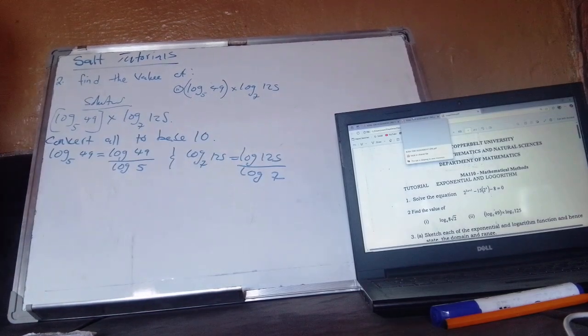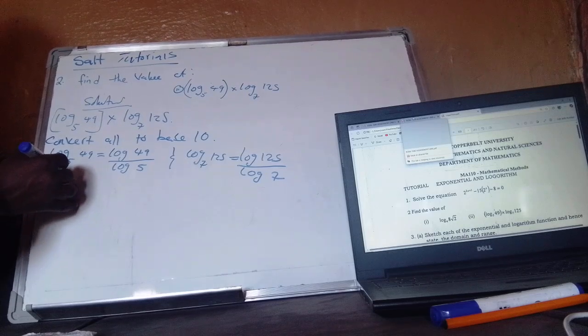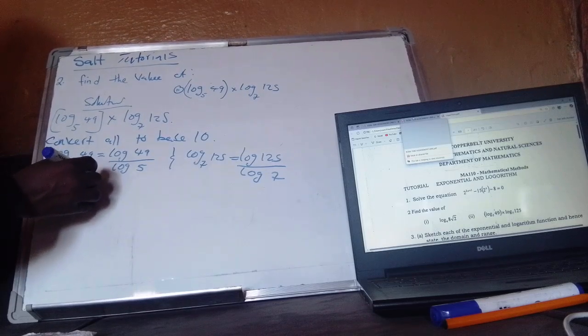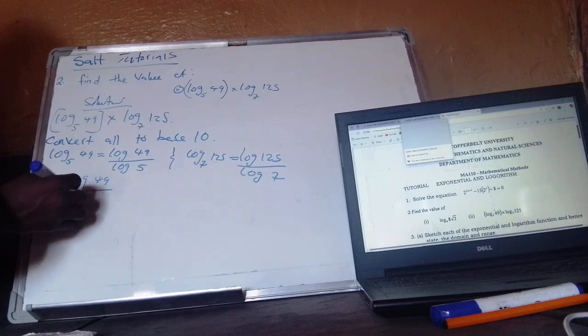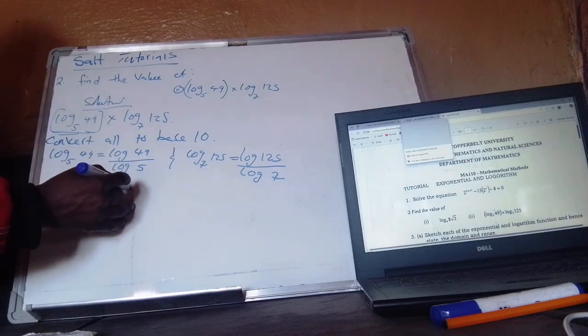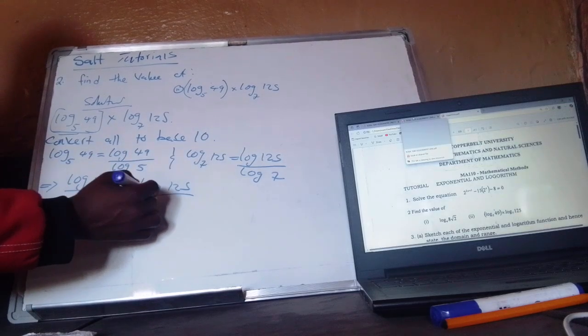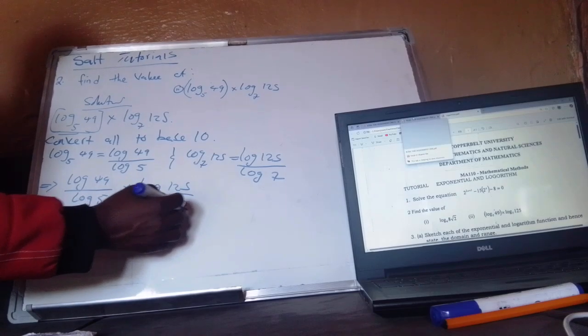This is what we have. So let's now combine them together. This implies that we are solving for log 49 over log 5, multiplied by log 125 over log 7.